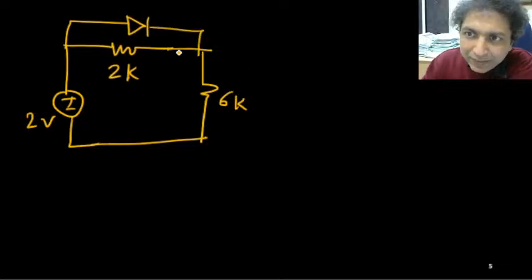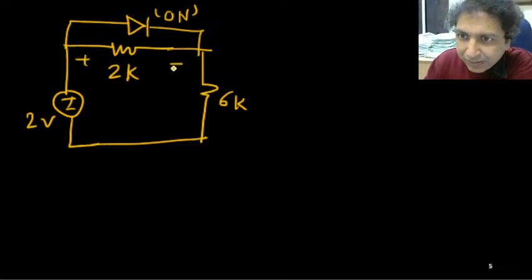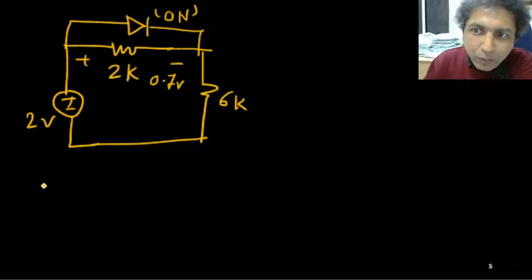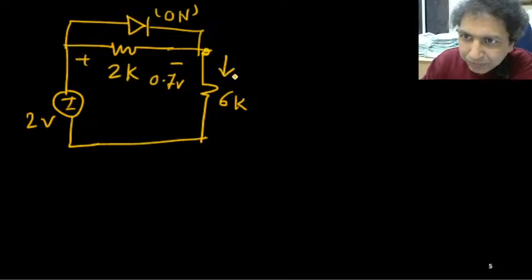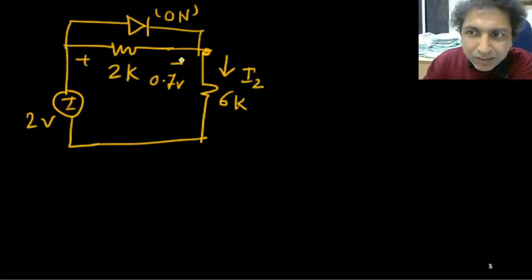So I assume that this diode is on. I am assuming this diode is on, means this potential is only 0.7 volt. If it is only 0.7 volt, then what is the current through this one? That is your I2, and this current is I1 suppose, and this current is ID.